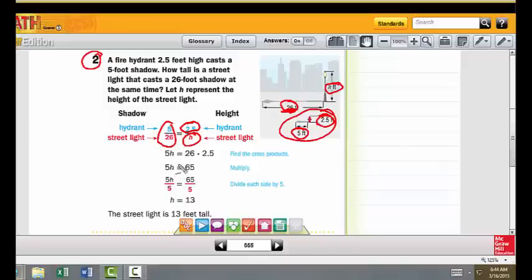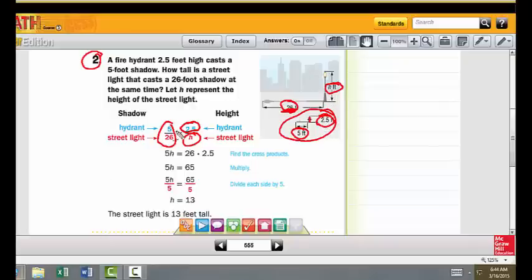This is just one example, and make sure you understand that many kids will do this a little bit differently, but the key is, again, don't make one of those U-turns that we talked about earlier in the year. Make sure if you start with shadow to shadow, then you move to height, and if you start with the shorter shadow, like in this case 5, to the longer shadow 26, then you have to go with the shorter height 2.5 to H, etc.